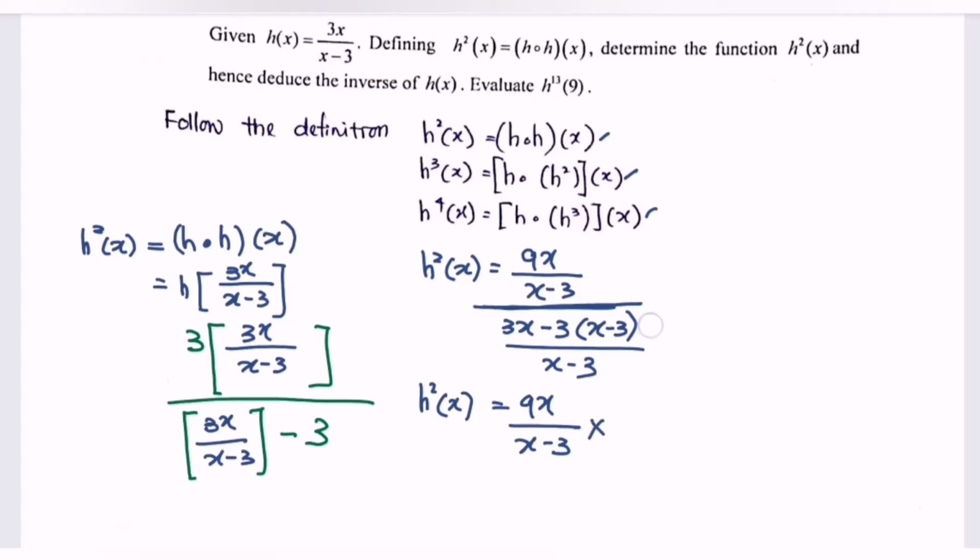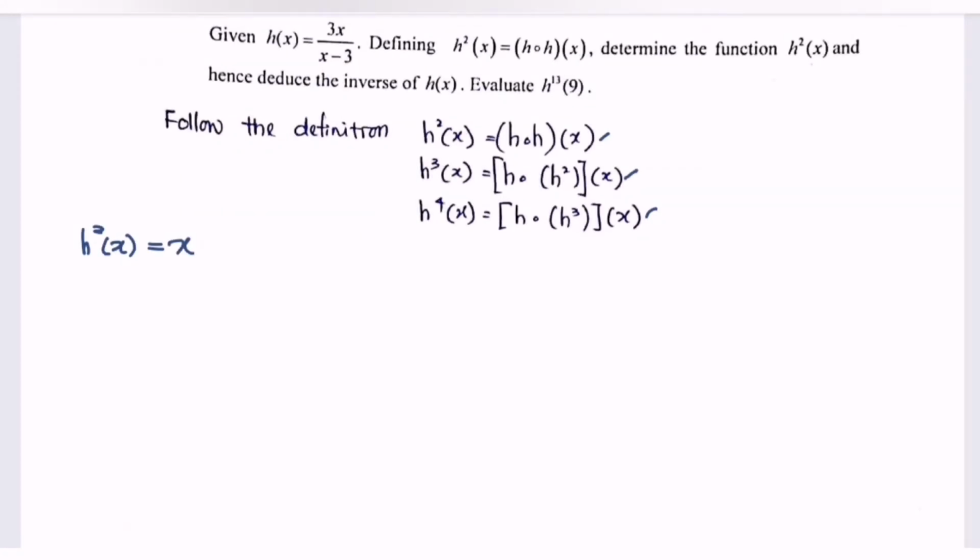So we have to flip this part: x minus 3 over, kindly expand, 3x minus 3x plus with the 9. Kindly simplify. We have a common term, so we can simplify this part, become 1. Next, 3x minus 3x, we will have 0 plus with the 9. So 9x divide with the 9 and we will have x. So that is the situation for h squared.